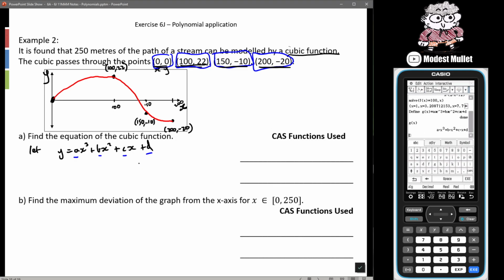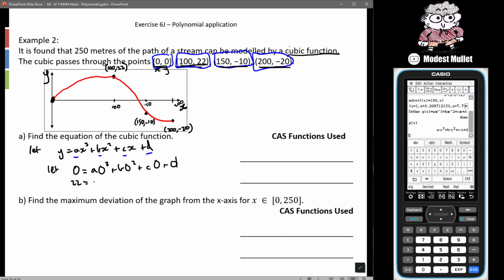So how do we write that on the test versus how do we do it on the calculator? I would just write 0 equals, and write it substituted in. So we get 0 is equal to a by 0 cubed plus b by 0 squared plus c by 0 plus d. And I'd do that for all of them.